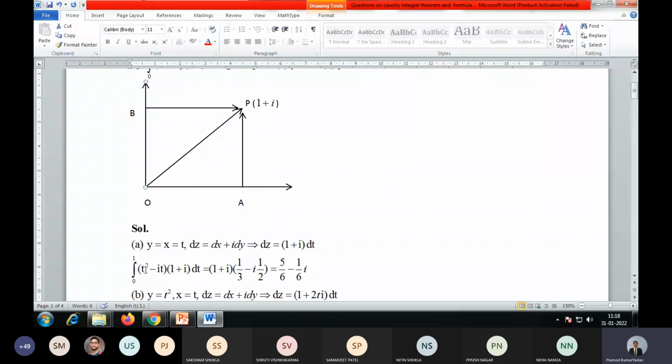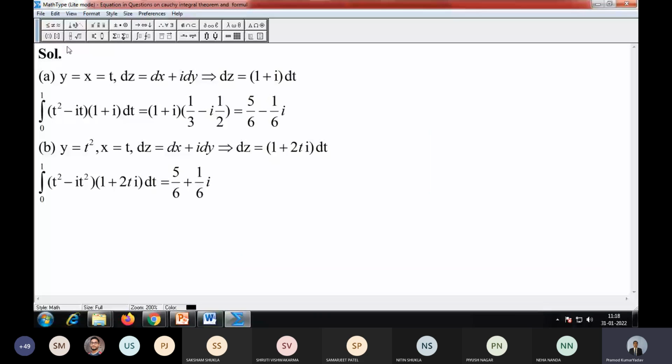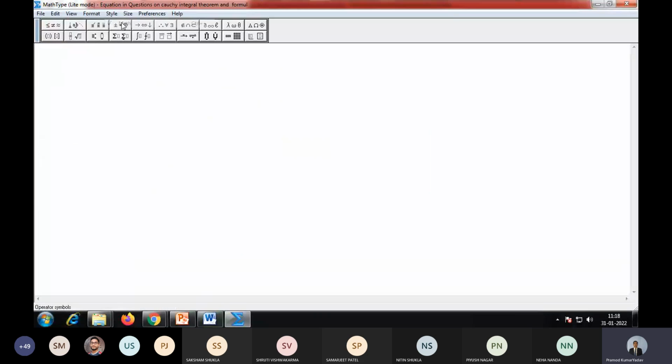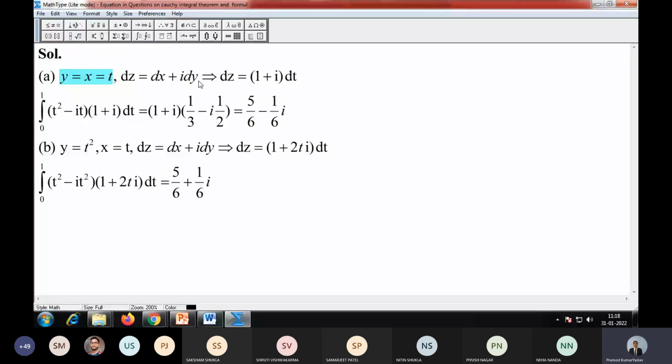So what we discuss in this solution, that y equal to x, it means we have taken the parametric equation of the curve, y equal to x equal to t. So from here, dz is equal to dx plus i dy, and dx is dt, dy is dt, so 1 plus i dt.